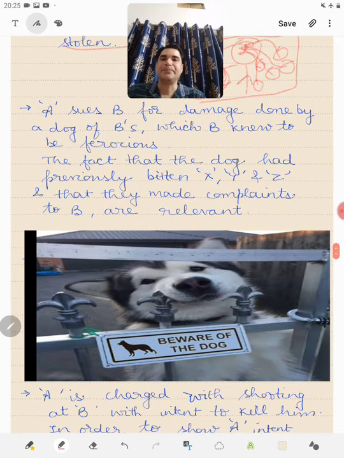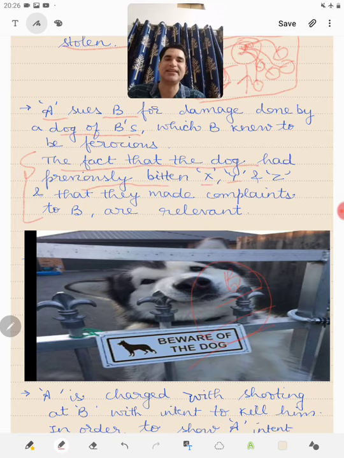Now A sues B for damage done by a dog of B. So it's B's dog, which B knew to be ferocious. Now, how do we prove that B has the knowledge that his dog is ferocious? That can be proved by the fact that the dog had previously bitten X, Y, Z, and that they had made complaints to B, are relevant.